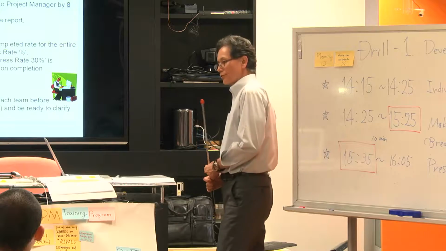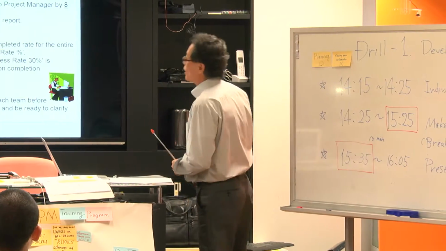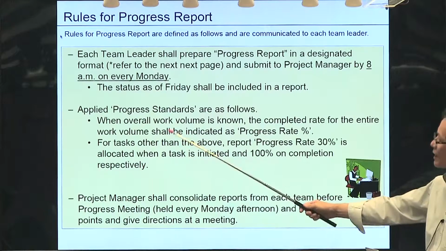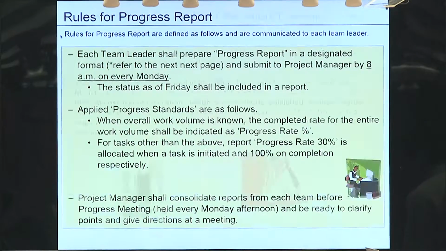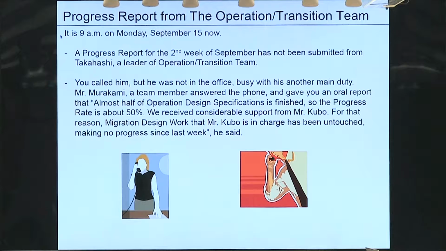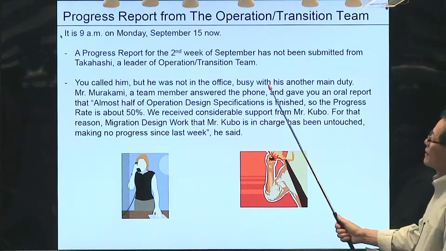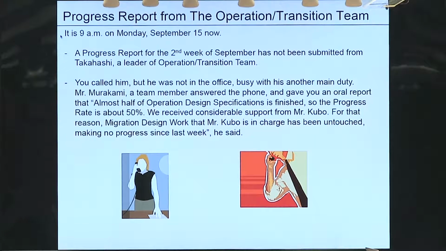So coming back to Drill 2, I mentioned the rules every Monday morning. Progress standards using progress rate or fixed rate, and you can review Monday afternoon. And the situation is like this. For second week, Takahashi-san, operation team leader, did not submit the weekly report.